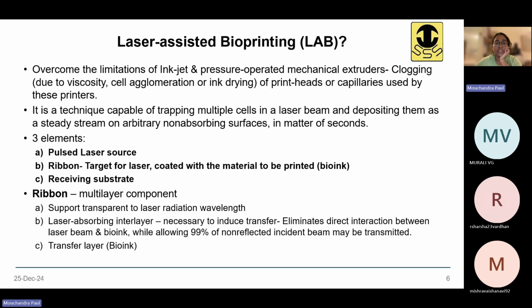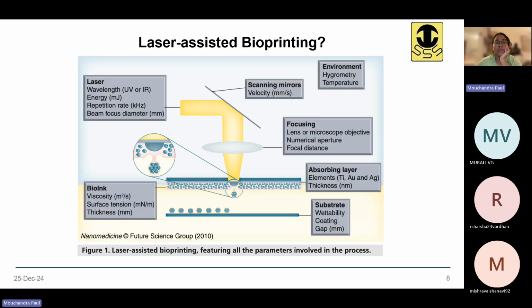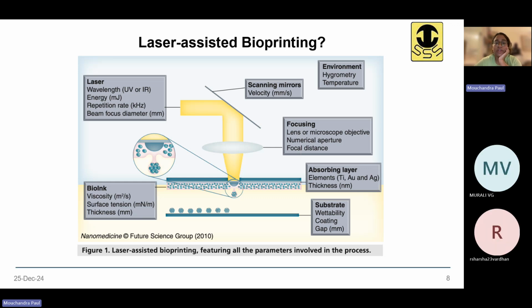And then there is the transfer layer or the bioink. So this is the ribbon. Again, I'm repeating, this is the ribbon. The ribbon consists of the support layer, which is transparent to the laser. Then it contains a laser absorbing interlayer. It eliminates direct contact between the bioink and the laser.